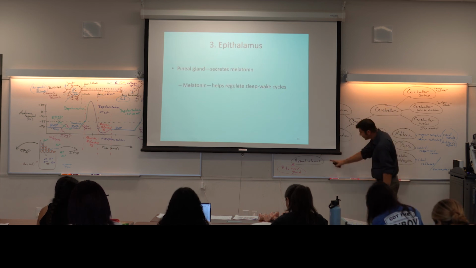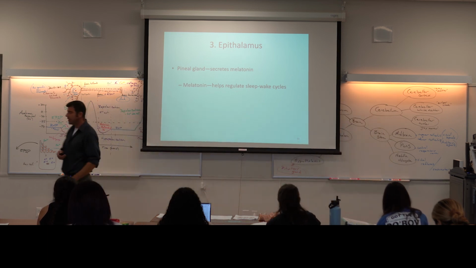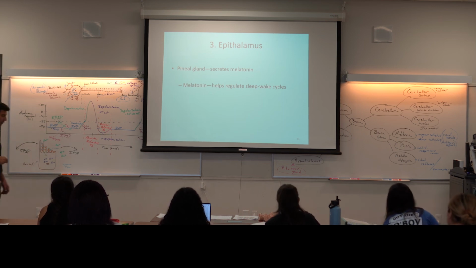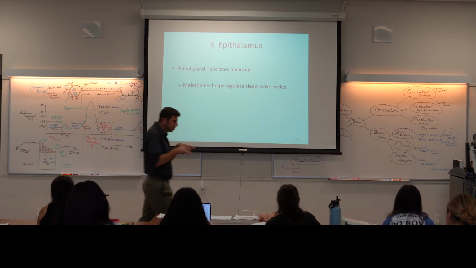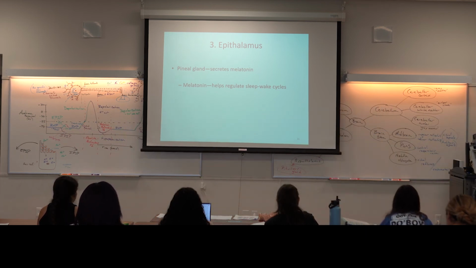The epithalamus, the structure that houses the pineal gland, we can say that this pineal gland is going to produce what we call melatonin. Not melanin, that we said was the UV ray protector in the skin, but melatonin is going to be one of these chemical signals produced by that pineal gland, and it's going to help regulate your sleep and wake cycles.